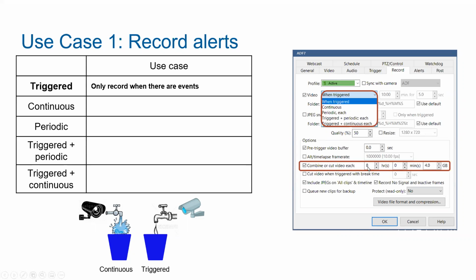The default is the file size or the time, whichever hits first. If you have a lot of activity on your cameras and the file size hits first, it'll stop that file at that time. Otherwise, it'll go for 8 hours, so every 8 hours you'll get a clip. For each camera, if you have camera one set for 8 hours and 10 gigs, and it never gets to the capacity, you're going to get 3 files every day for each camera.